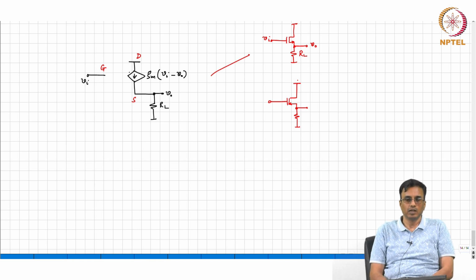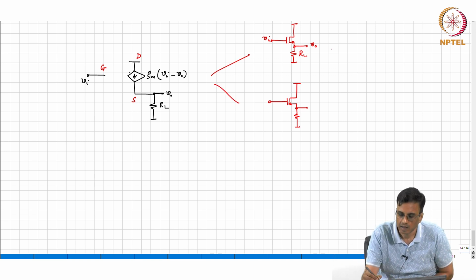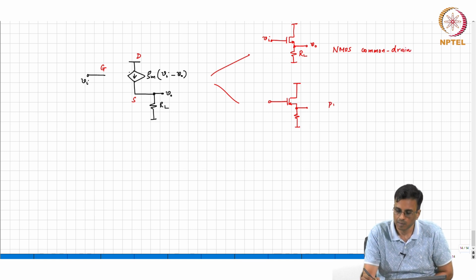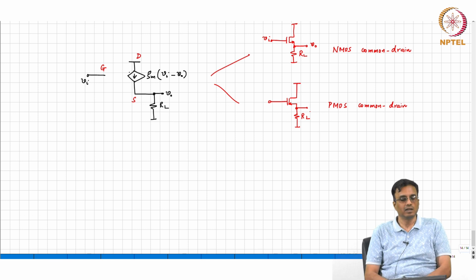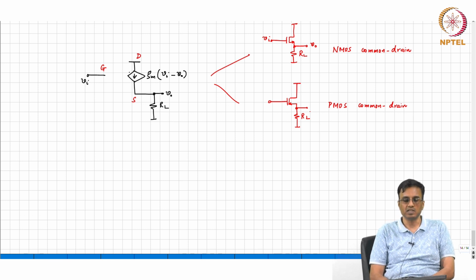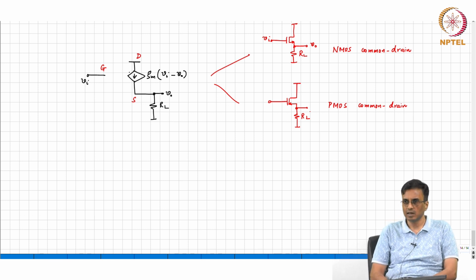All right. So, this is the NMOS common drain amplifier. What is this? This is the PMOS common drain amplifier. Okay. And again, whether it's NMOS or PMOS, the GMRL must be much larger than 1. Okay.